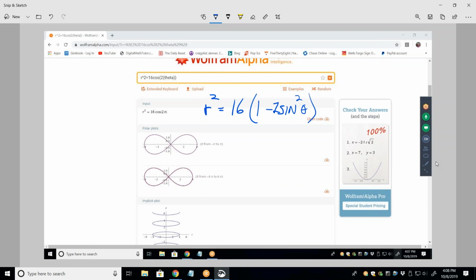So far, so good? Yeah, so all I did was replace cosine of 2 theta with its identity. And now I get r squared equals 16 minus 32 sine squared of theta.